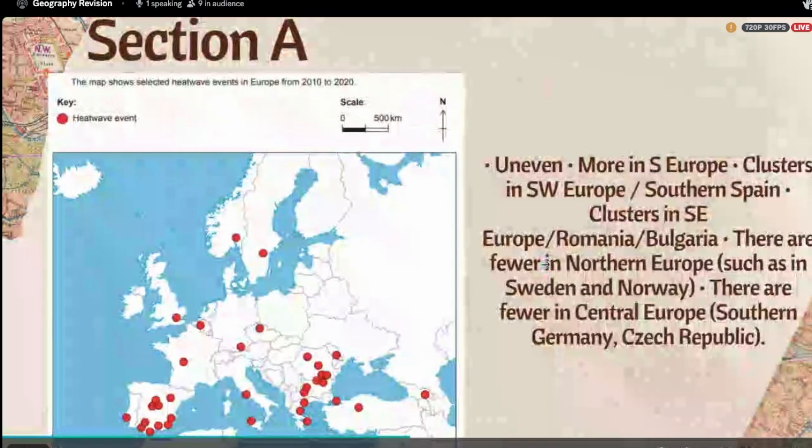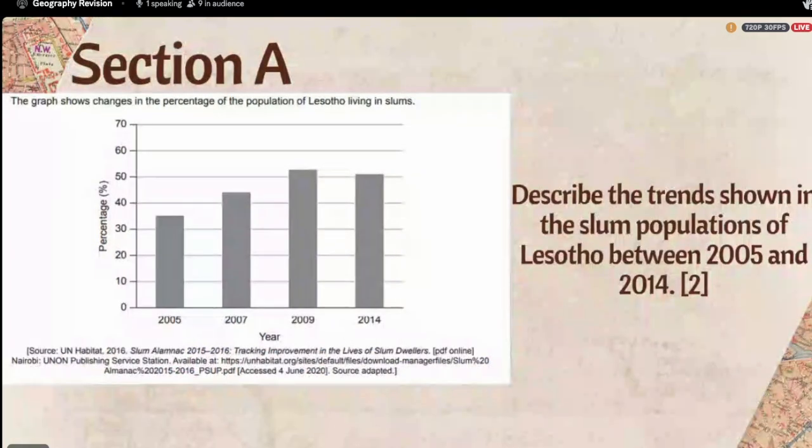Okay? I'll give you one more chance to practice something like this. So here is for global resource consumption. Describe the trend shown in the slum population of Lesotho between 2005 and 2014.